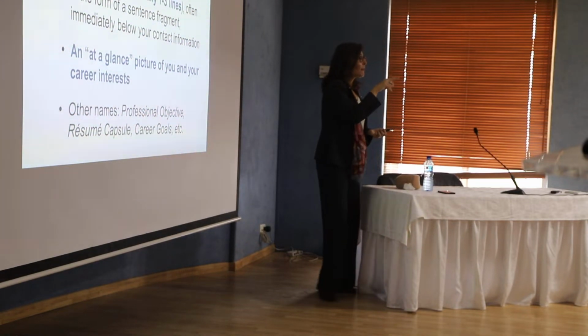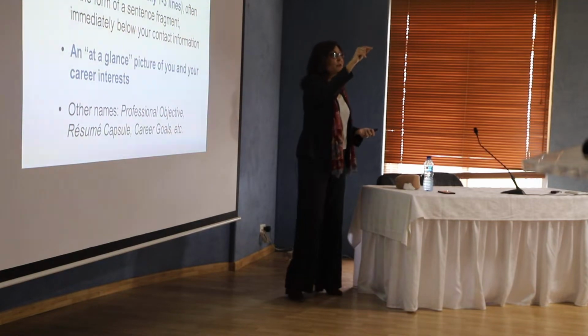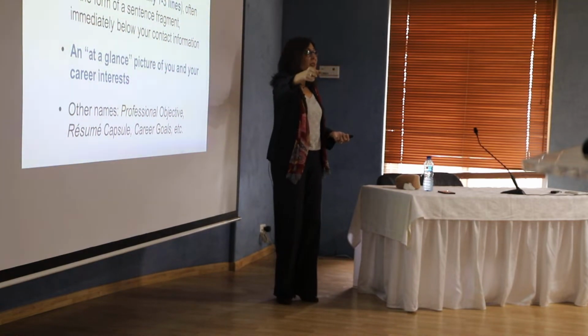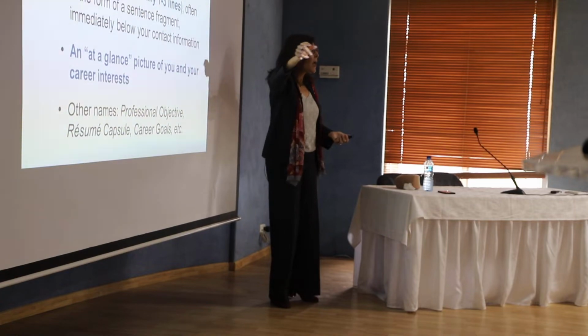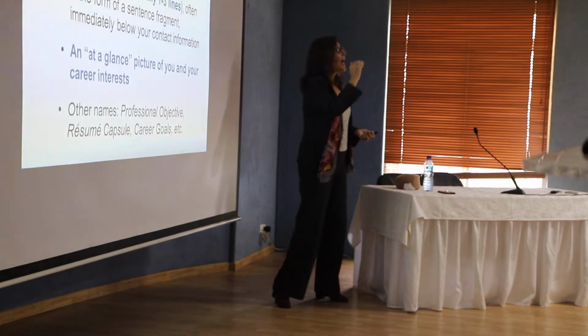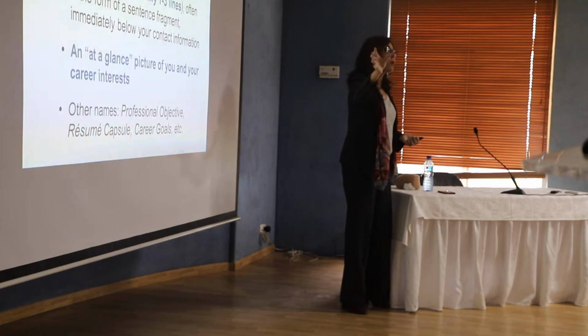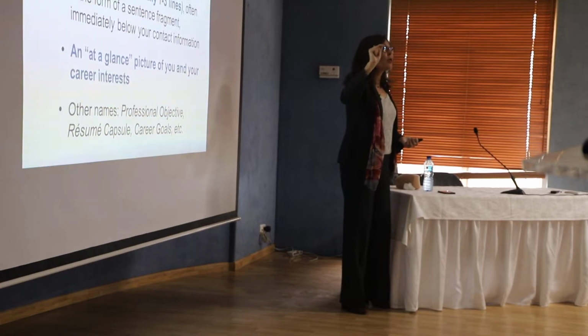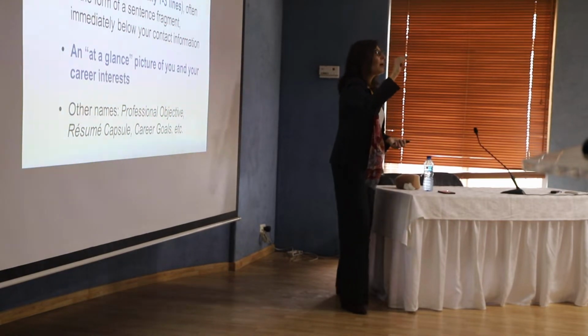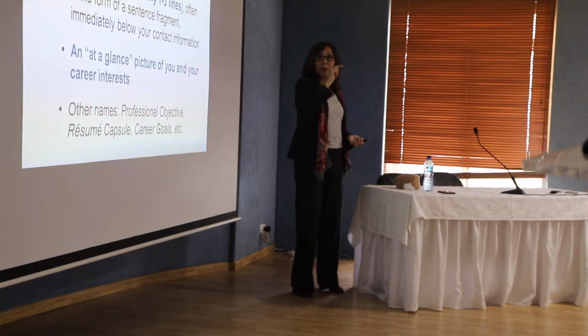So in that case, you have to say, applying to the position of, as advertised on your website, and then you have to follow it with a statement about how you meet the job qualifications, highlighting the skills that you have and your contribution to the place that you want to join, okay?